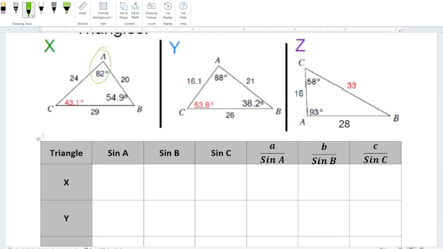So if I look up the sine of 82 degrees, I get, let's do our 4 decimal places like usual, 0. Ooh, what's going on there? Try that again. 0.9903. Well, they're bouncing all over the place. Alright. For B, is 59.4 degrees.